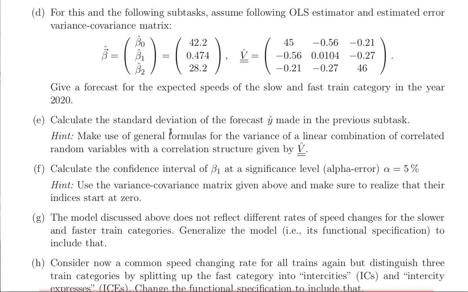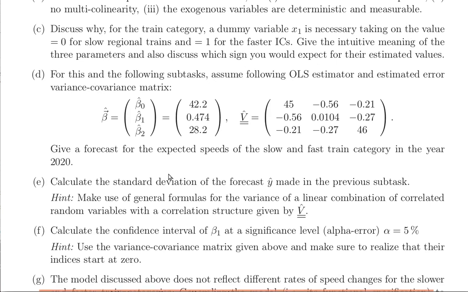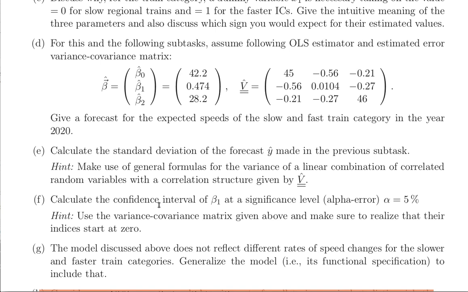And that means the forecast is of course either beta 0 plus 120 beta 1, or beta 0 plus 120 beta 1 plus beta 2. So in order to calculate the variance of this estimator for future speed, we need general formulas for the variance of a linear combination of correlated random variables.